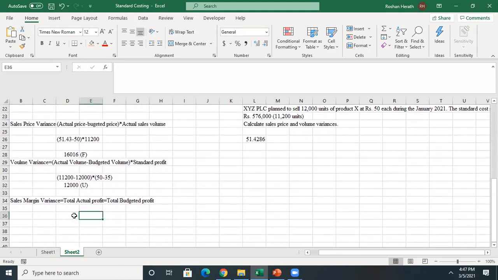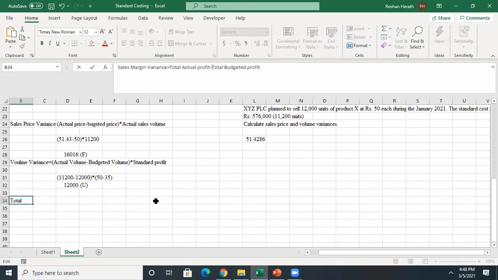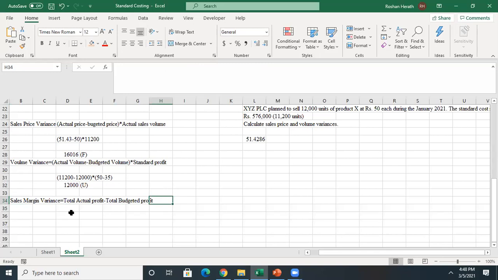The total actual profit, how you take it, but here you need to be conscious, because when it comes to the actual profit, even we were supposed to take the standard cost. Actual selling price, in fact, we decided it was 51.43 minus 35.